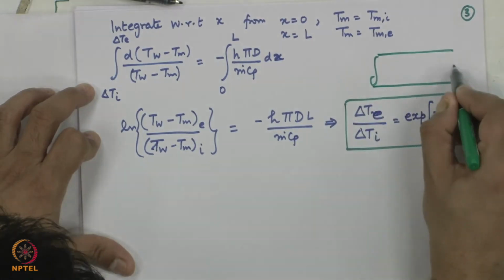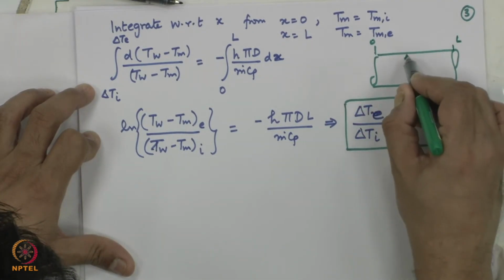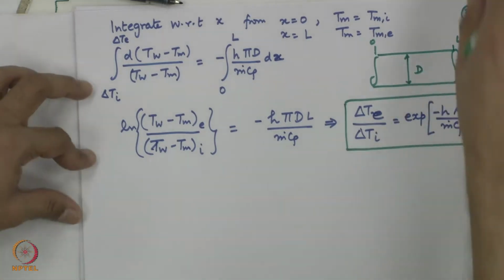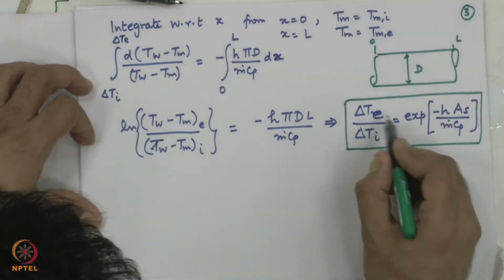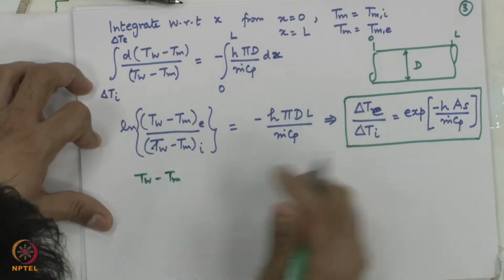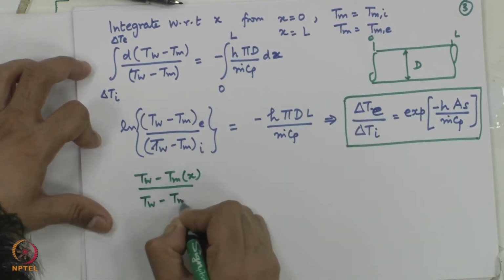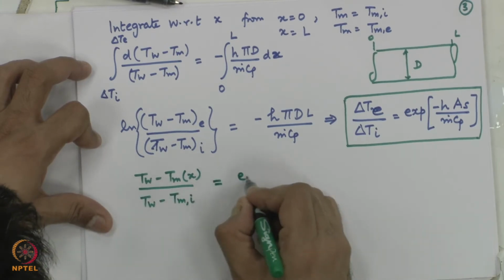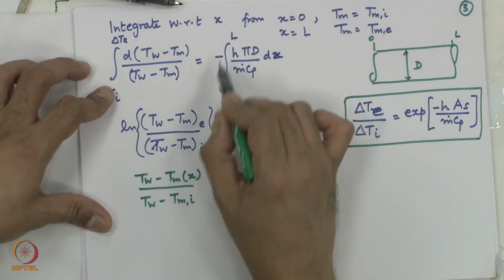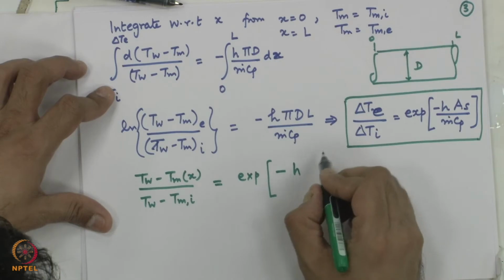If this is a pipe, this is 0, this is L, this is my diameter d, the surface area is pi d L. So, the delta T exit, that is T wall minus T bulk mean at exit, I can now write for any local location: T wall minus T bulk mean local divided by T wall minus T bulk mean at inlet is equal to exponential minus, instead of integrating from 0 to L, integrating from 0 to any local x.